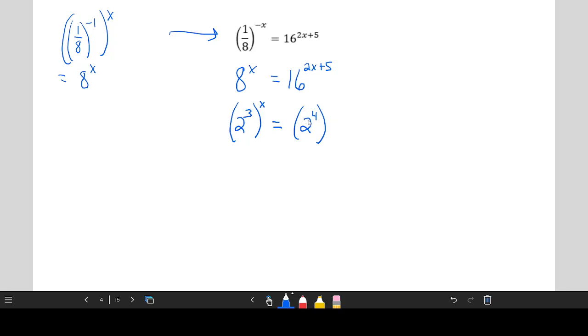And so we just replace the 16 with 2 to the 4th, and then 16 had an exponent already. So again, we can multiply exponents here: 3 times x, and 4 times 2x plus 5.